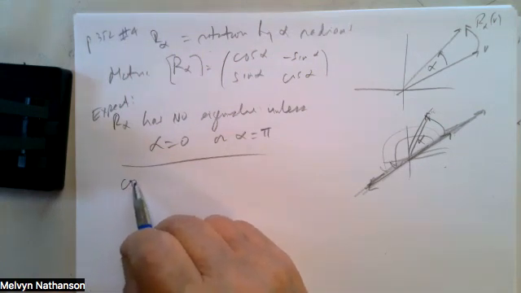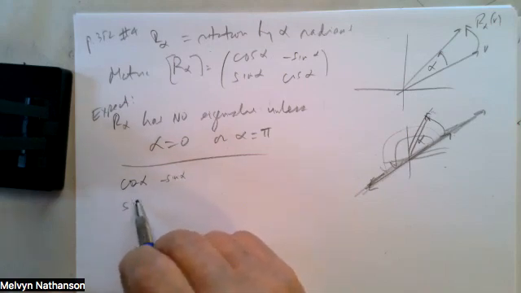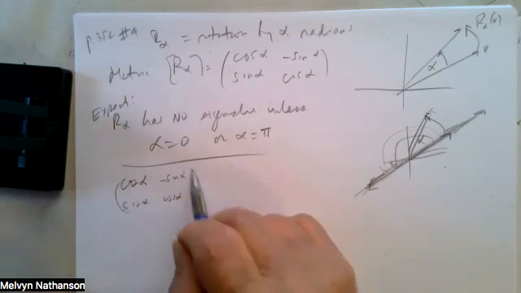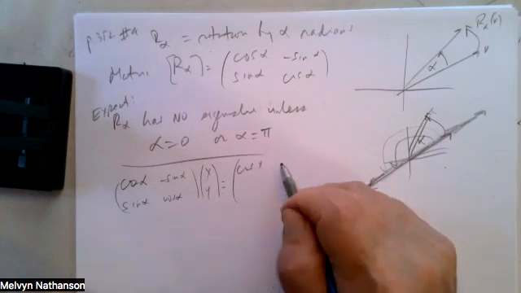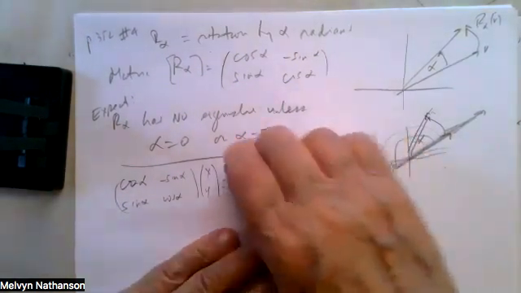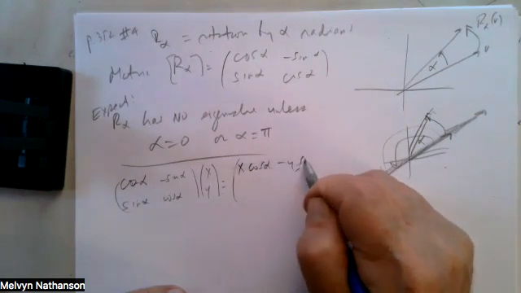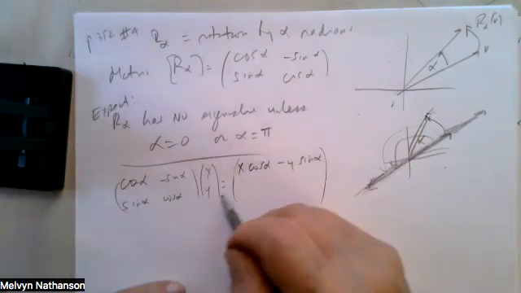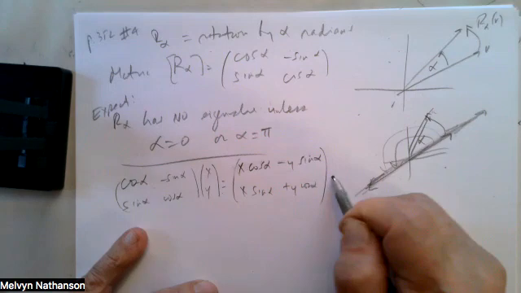So cosine alpha, minus sine alpha, cosine alpha, applied to a vector xy is, that's the way we normally would write this, x cosine alpha minus y sine alpha, x sine alpha plus y cosine alpha.